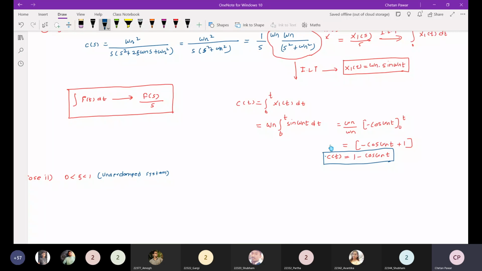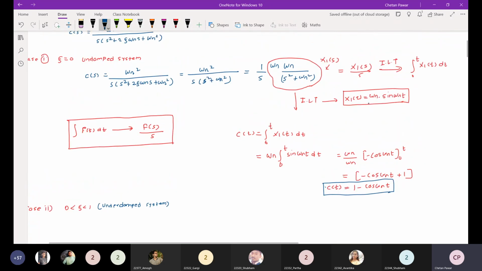I have just taken the integration of that particular signal and I got C of t.